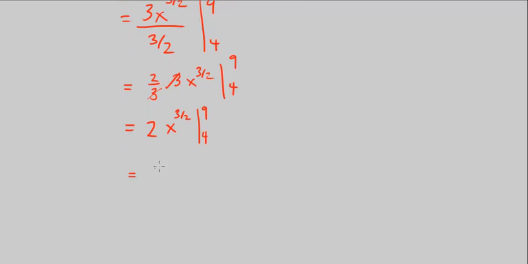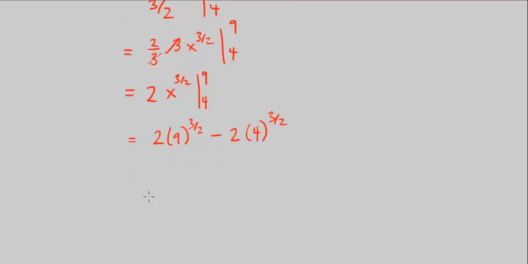Plugging it in, we have 2 times 9 to the 3/2 power minus 2 times 4 to the 3/2 power. You can use your calculator here if you would like, or you can just remember that 9 to the 3/2 is the same as 9 to the power of 1/2 cubed, and 9 to the power of 1/2 is just square root of 9. That's one trick to remember.